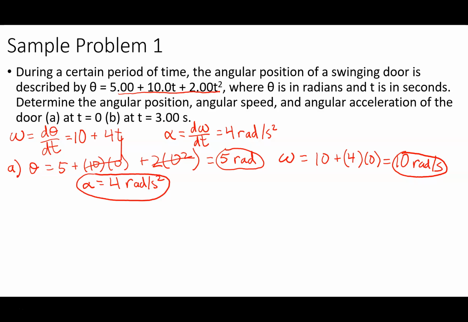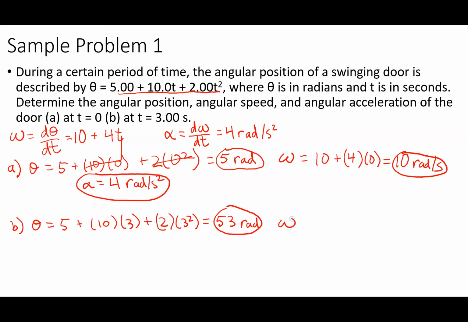And then for part B, we want to do the same thing, but at 3 seconds. So our angular position is going to be 5 plus 10 times 3 plus 2 times 3 squared, which ends up equaling 53 radians. So circle that.